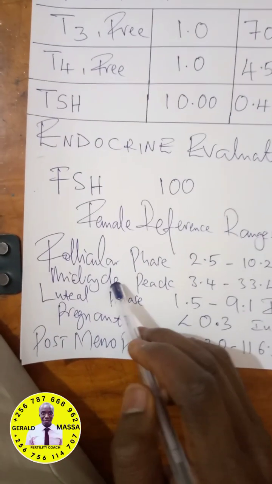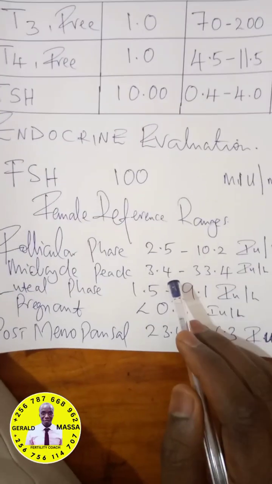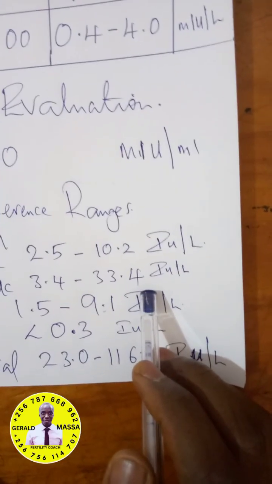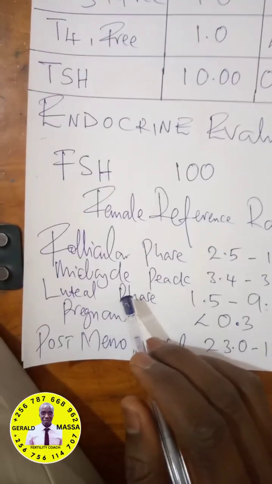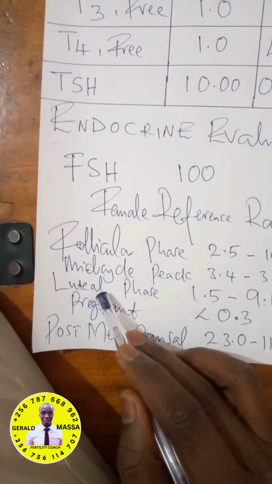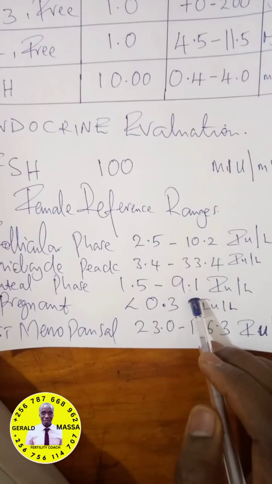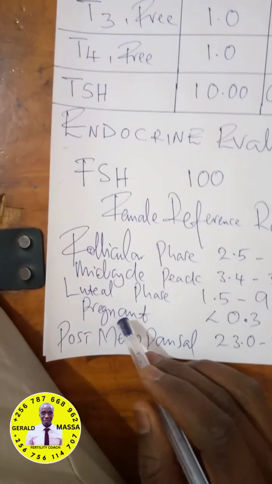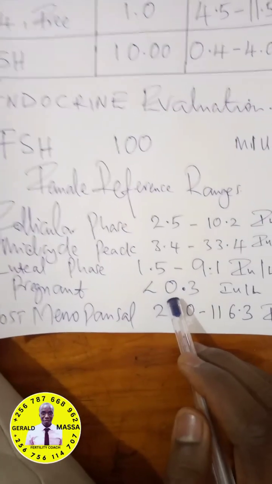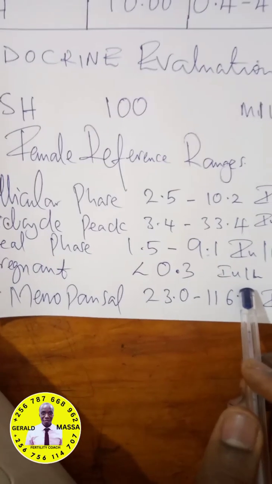And then during the mid-cycle peak, basically when you are ovulating, normal is supposed to be 3.4 up to 33.4. The units are international units per liter. And then, according to WHO, if you are in your luteal phase, immediately after you have finished your ovulation, the normal is supposed to be 1.5 up to 9.1. If you are pregnant, your FSH levels are supposed to be less than 0.3 IU per liter.